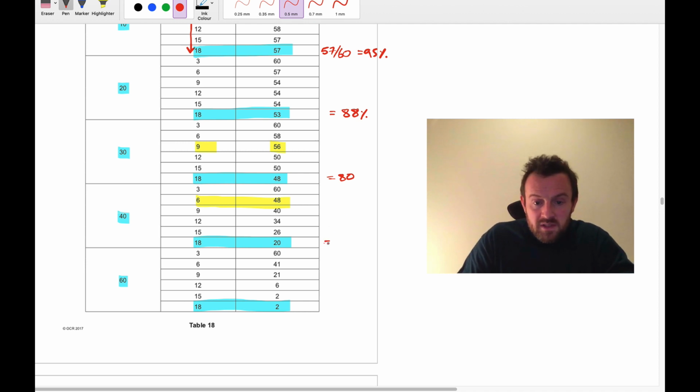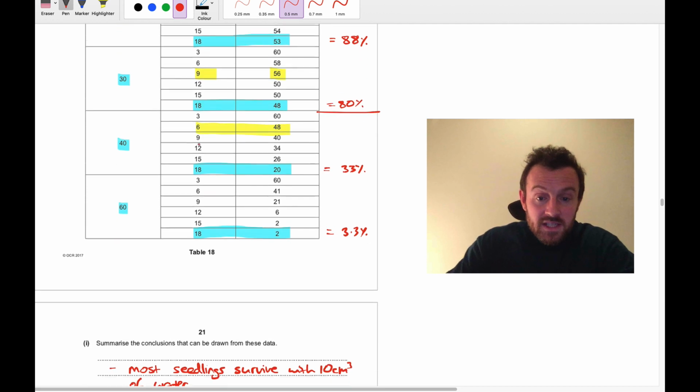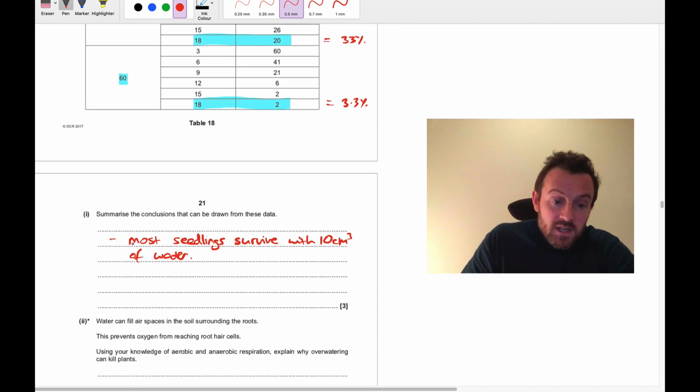That's a big drop. It's 33%. Okay, so doing percentages is helping because we can see where the major drop is. That's only 3% or 3.3%. So up to this point seems okay-ish. So the effect seems to be more pronounced above 30 centimeters cubed. Most things survive with 10 centimeters of water.